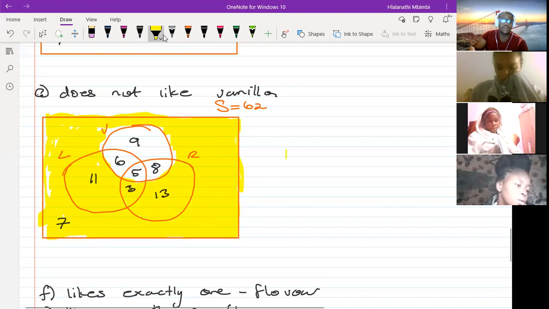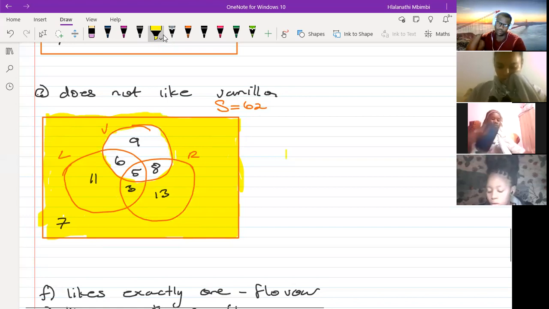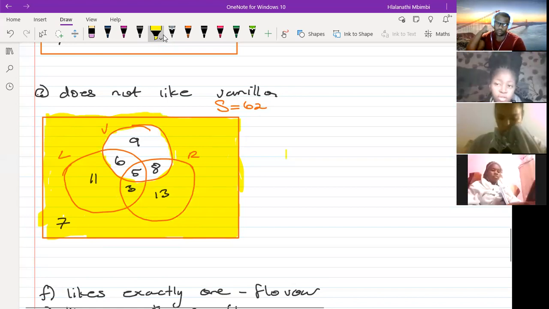Okay, basically looking at people who do not like vanilla. It basically looks like that. You guys try to put a numerical value on that. 34 over 62. How did you calculate that?